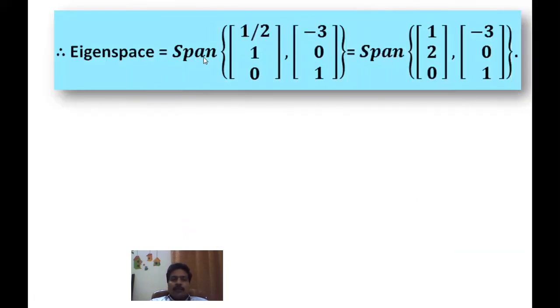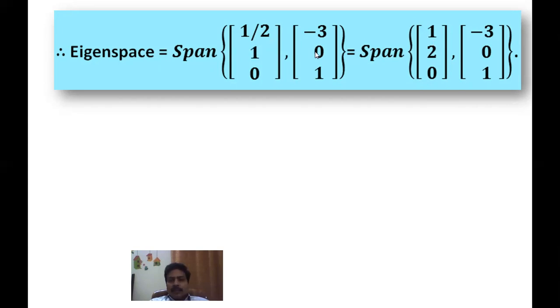So it can span the eigenspace. So the eigenspace is equal to the span of these two vectors. That is equal to the span of, we can multiply the first vector with 2, giving 1, 2, 0 for simplification.